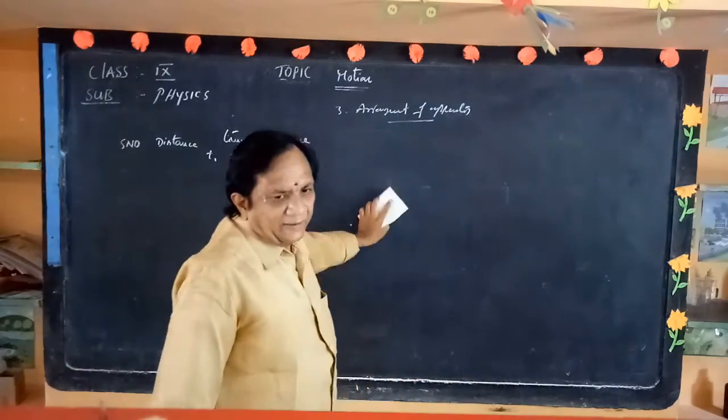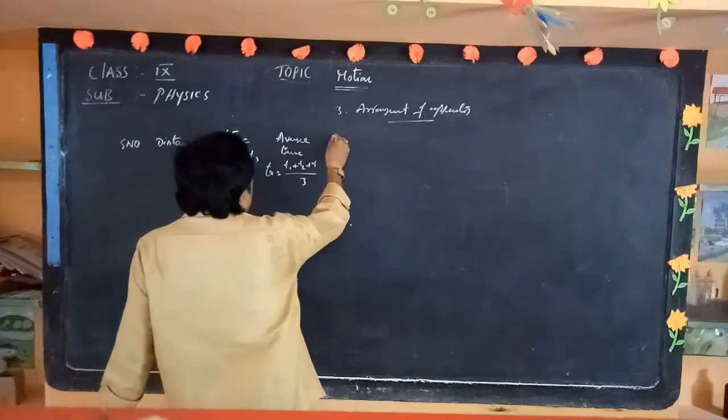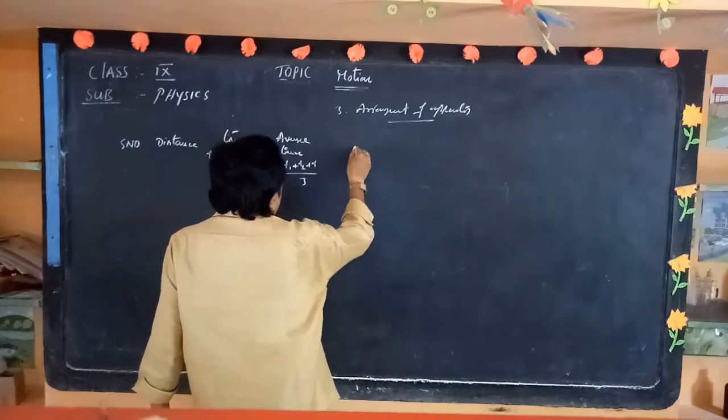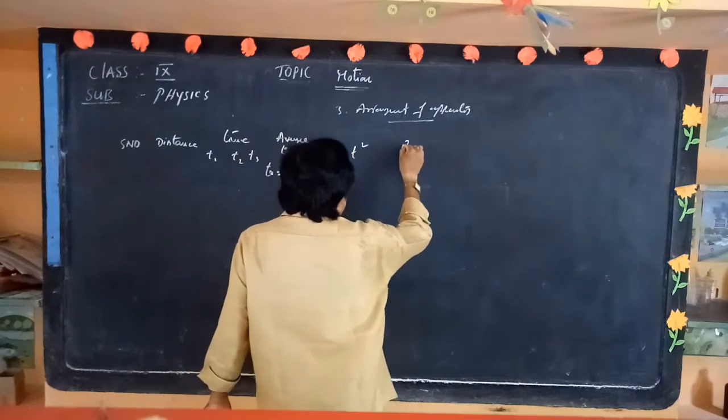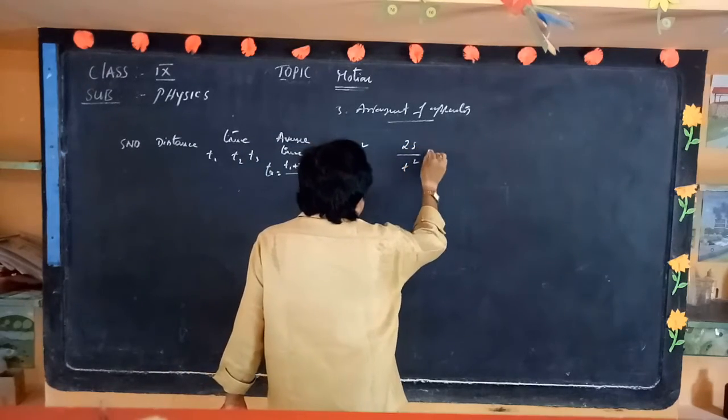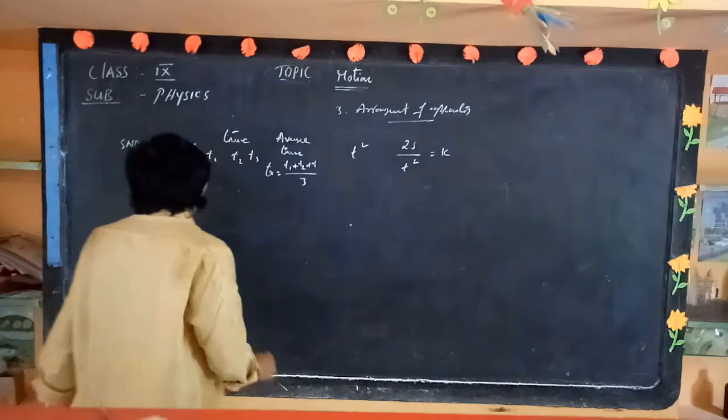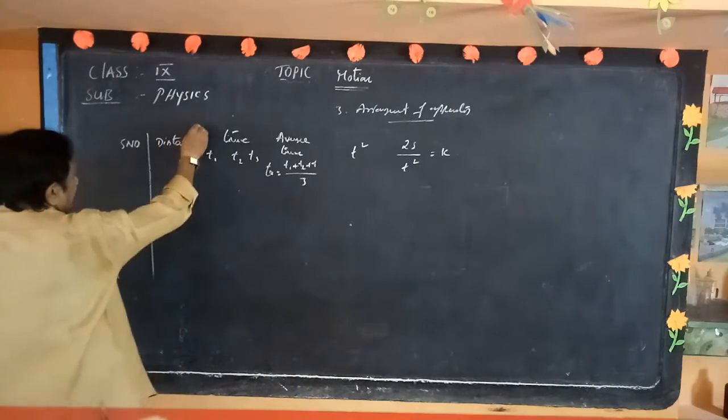After making that average time, make that value t square, and this value is substituted in 2s by t square, and we get one constant number. So we can tabulate like this.